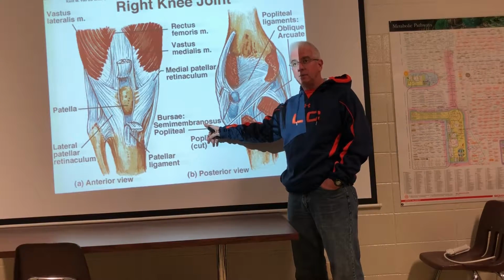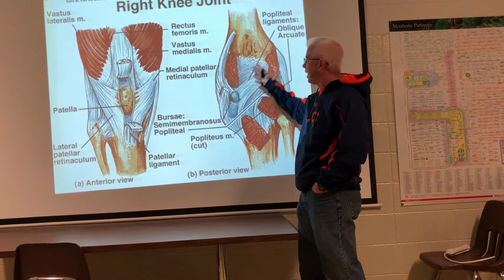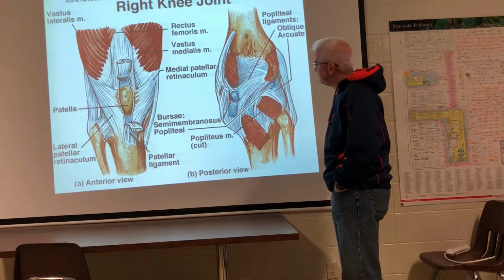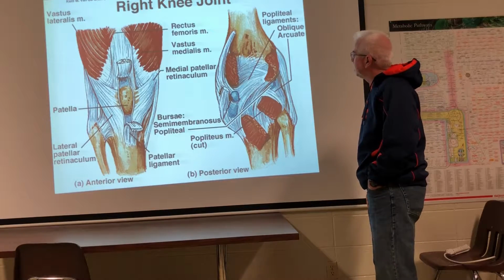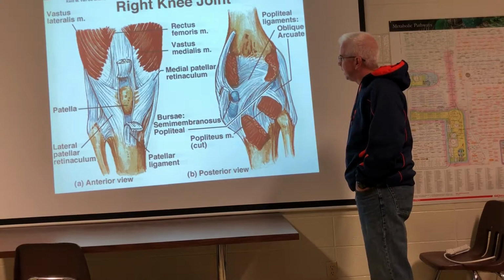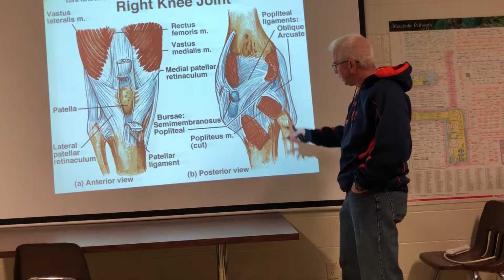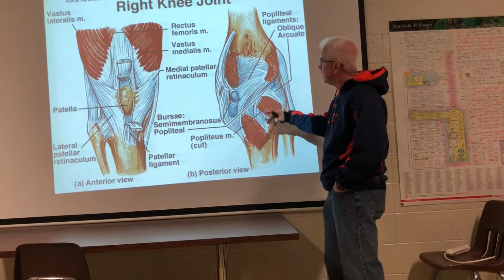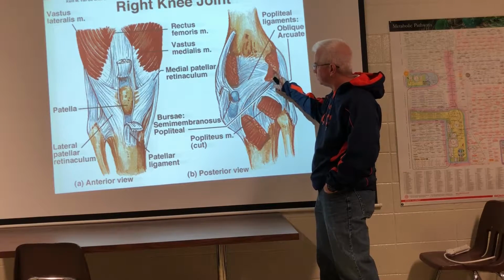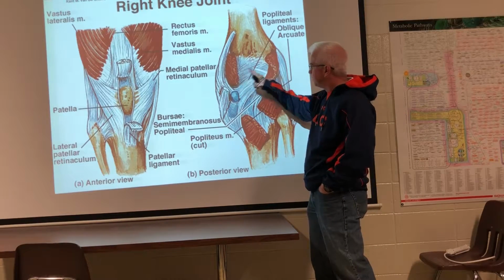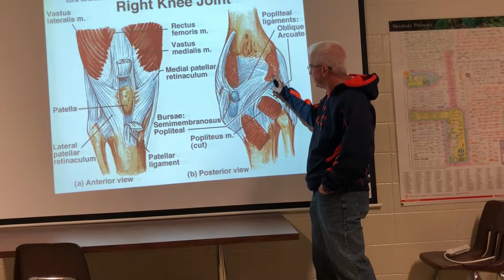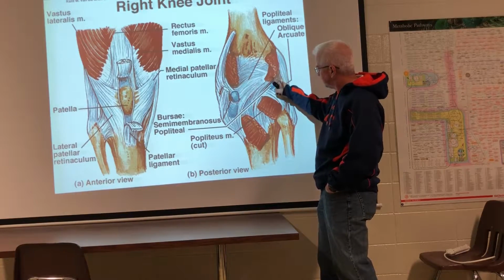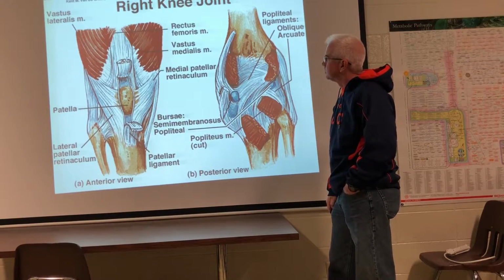This is the tendon of the semimembranosus, extending from the lateral condyle of the femur down to the medial condyle of the tibia. Now you can see the popliteus here, which I just showed you, and its relationship to that ligament. And you can see here, not labeled, the attachments of the heads of the gastrocnemius. That is the medial head, and that's the lateral head right there.